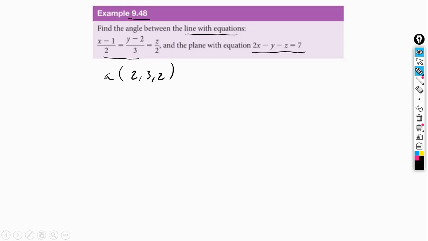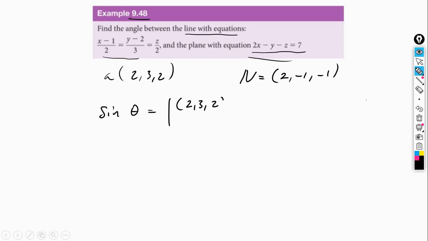And then the normal to this plane is going to be n equals (2, negative 1, negative 1). So that means that the sine of the angle theta is going to equal the absolute value of the dot product of (2, 3, 2), so this is a, and (2, negative 1, negative 1), over the magnitude of these vectors.